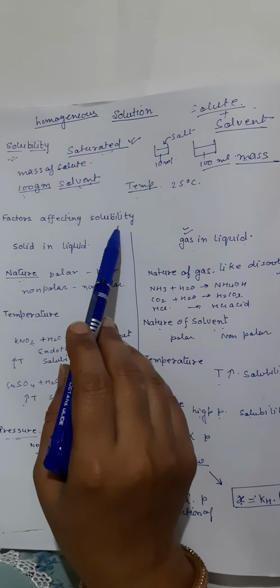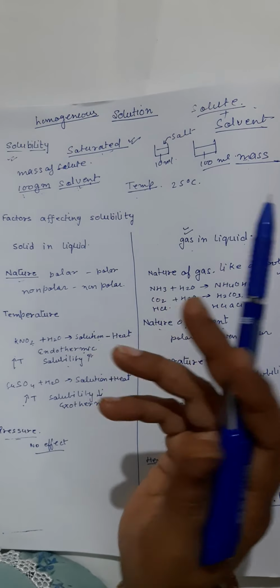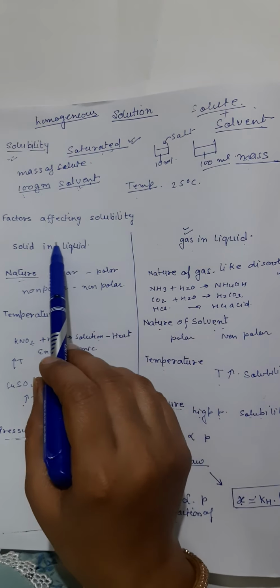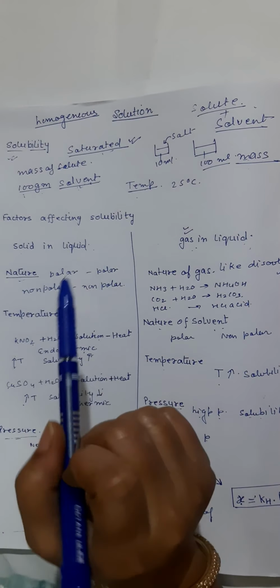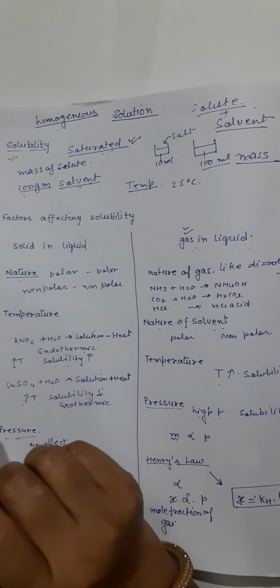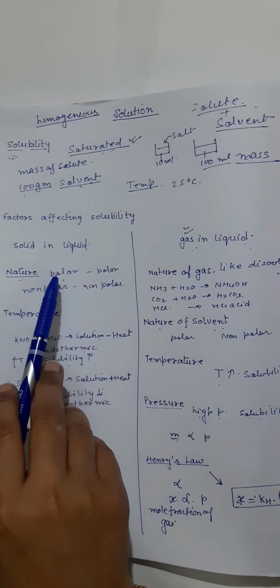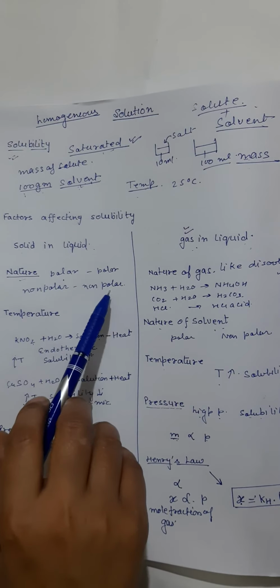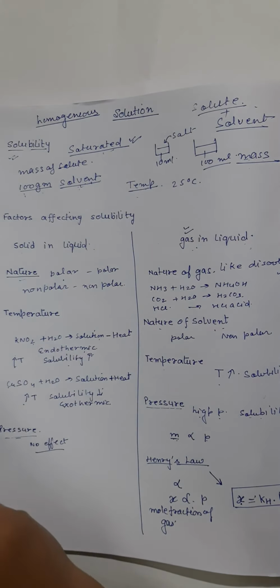Now the solubility of different things in different types of solvents also varies. So here we have to study factors affecting solubility. First solid and liquid, and then gas in solid and liquid. These are very common things you have studied in junior classes also. A polar solvent dissolves a polar solute, and a non-polar solvent dissolves a non-polar solute. So an ionic compound will dissolve in polar solvents like water or liquid ammonia.